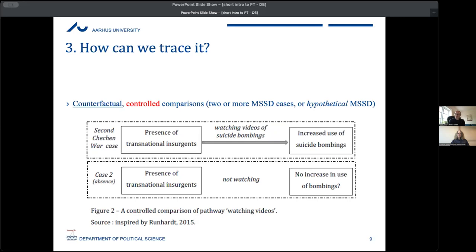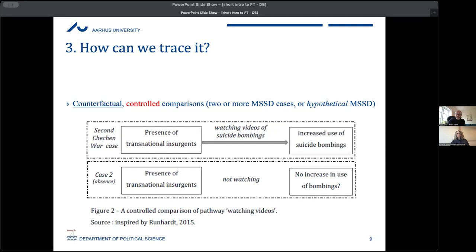We would then want to look at the difference between another case where we have these transnational insurgents, but the teaching process doesn't take place.